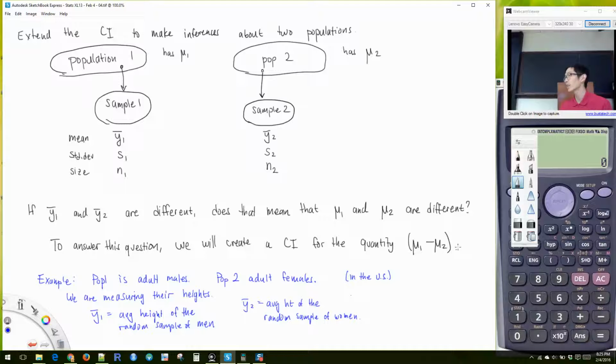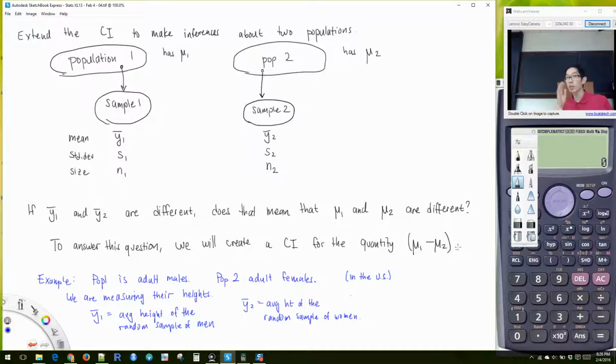And we would say the average height difference between the average male and average female is somewhere between, I don't know, 4 to 8 inches, something like that, okay? Probably around 5 to 6 inches. And depending on the data we've collected, maybe we need a large interval or a small interval, okay?